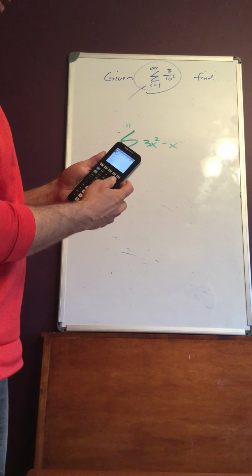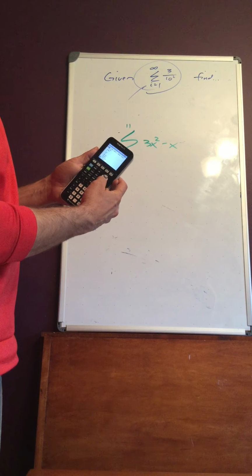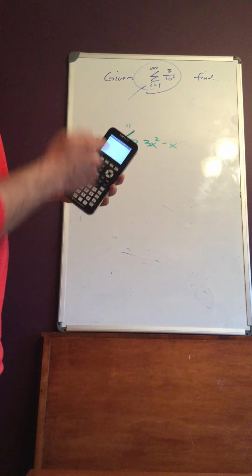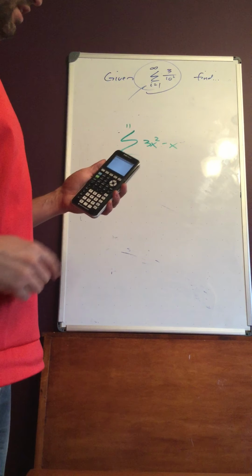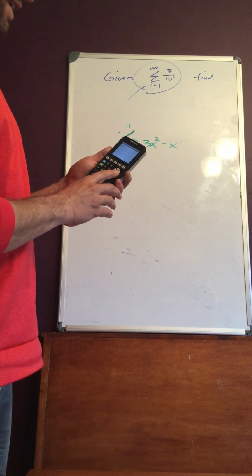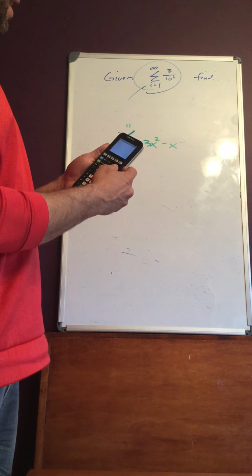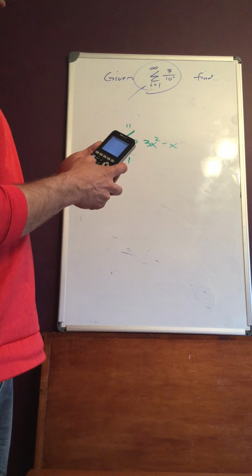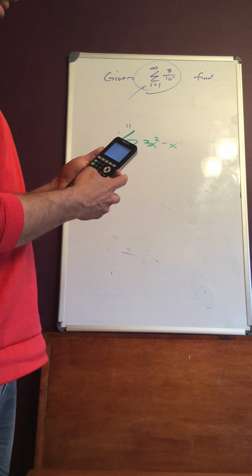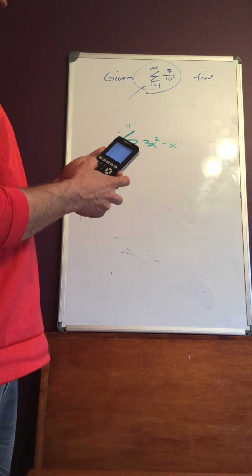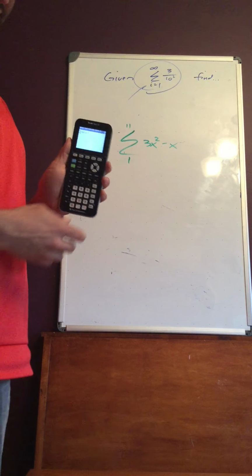So go to math. Scroll all the way down, go to summation. It's gonna give you that whole block. Plug in x equals 1. Up top we've got 11 there, and then our sequence definition is 3x squared minus x. Bam.